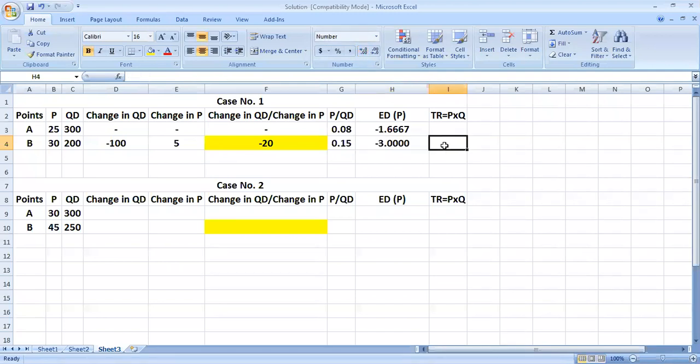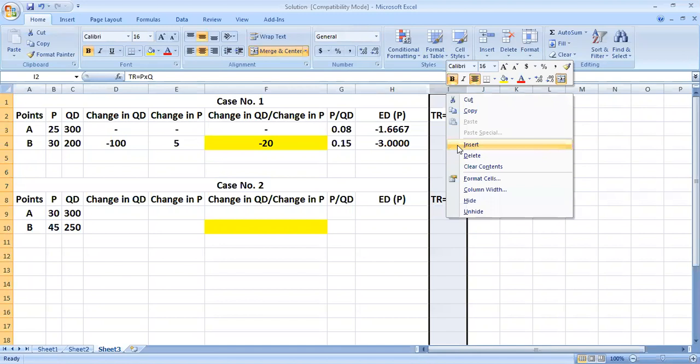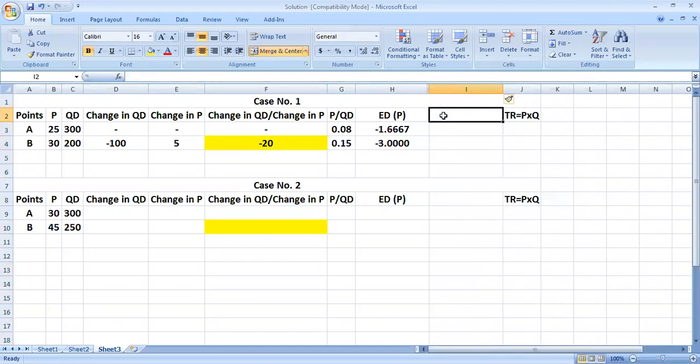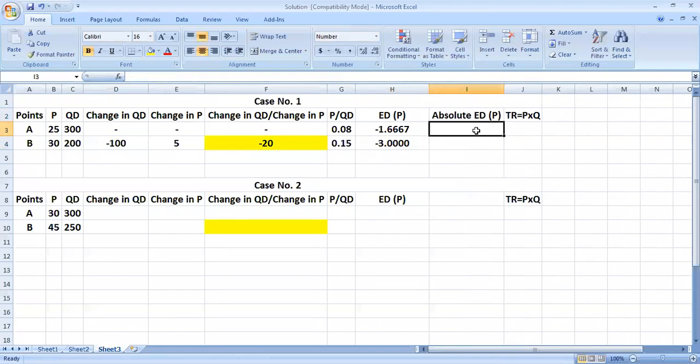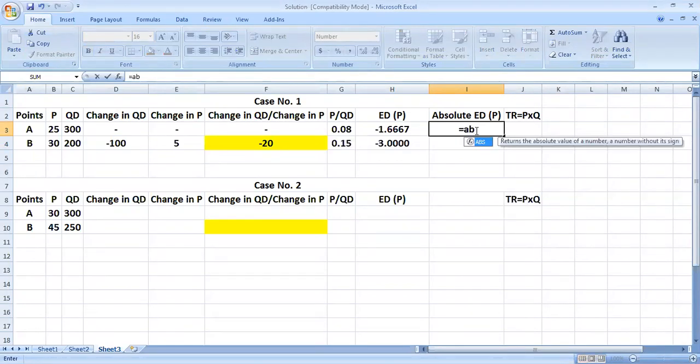Now let's add one more column over here, and it should be the absolute value of elasticity of demand with respect to price. When you say absolute value, let's write a formula over here, ABS.